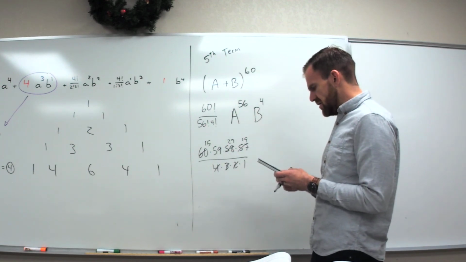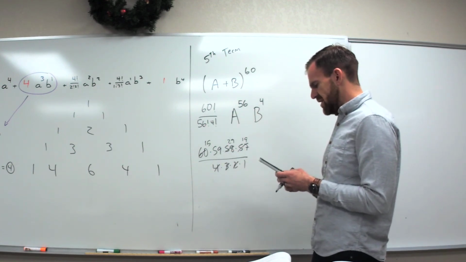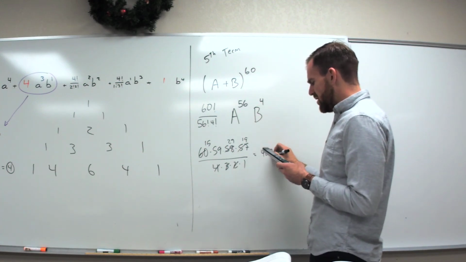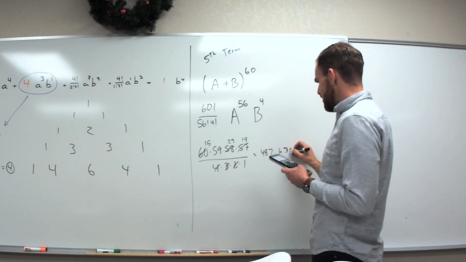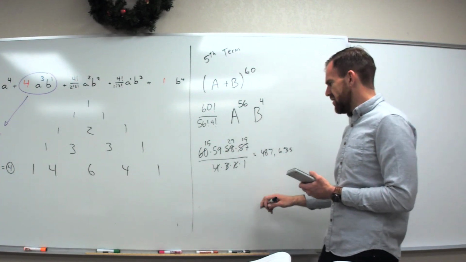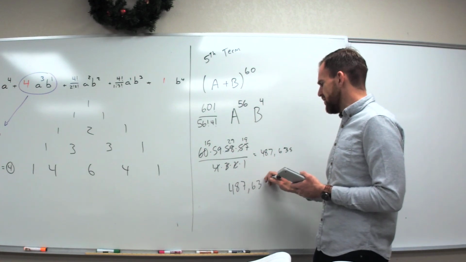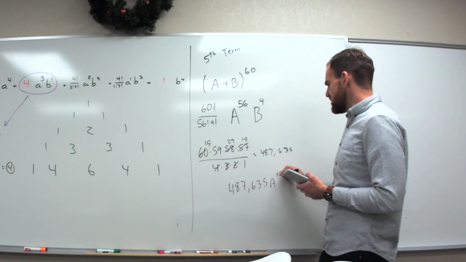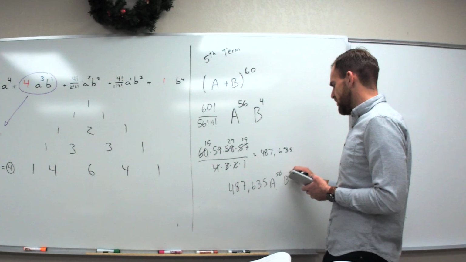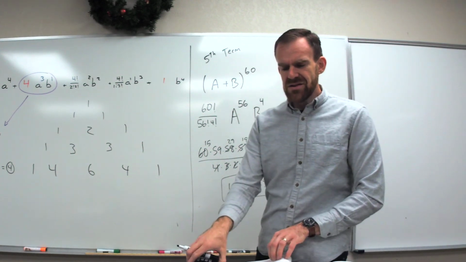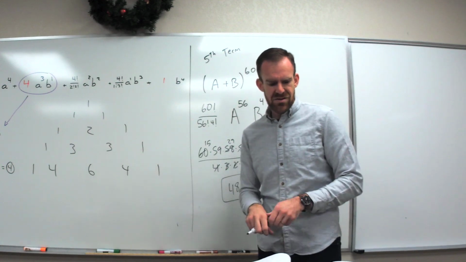So this is 15 times 59 times 29 times 19, which is 487,635. So your answer would be 487,635, a to the 56th, b to the 4th. Gross, but it's a faster way of doing it than drawing out Pascal's triangle.